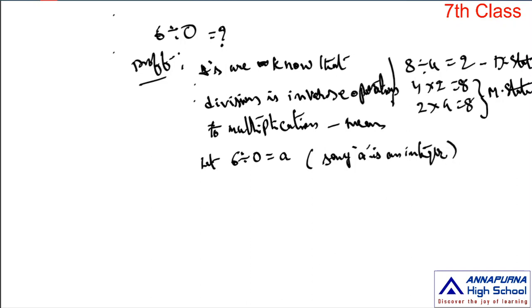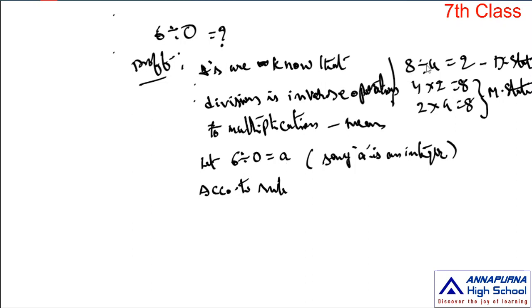So according to the rule, what is the rule we have? When you divide any integer by, so that means in a division fact, we have two multiplication facts. So 6 divided by 0 is equal to, say, a.